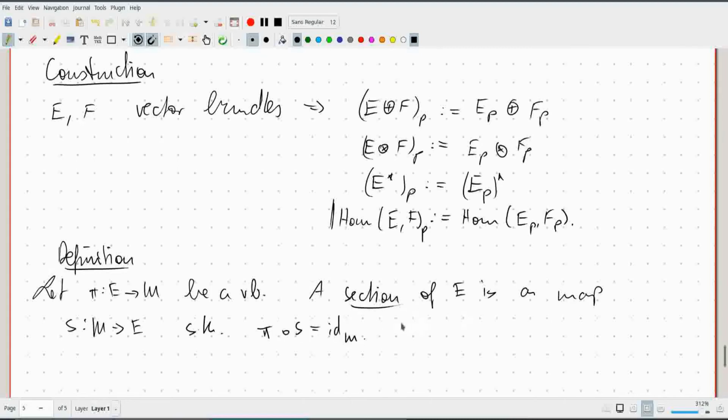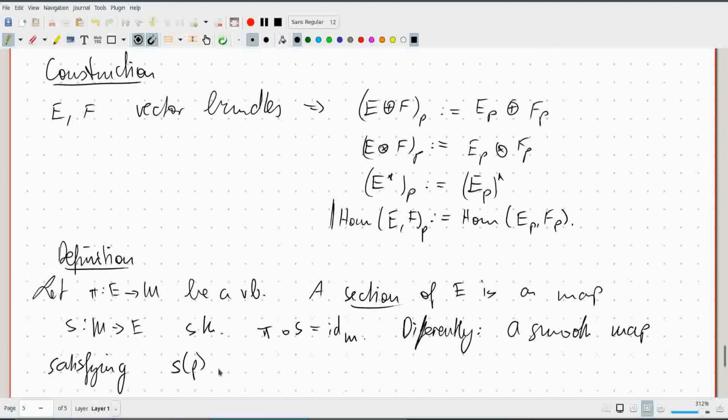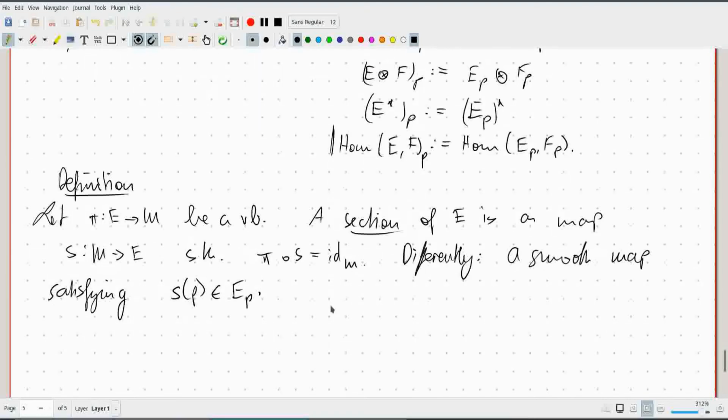Put differently, it is a smooth map satisfying that for every point p, s of p is an element of the fiber over p. And I guess that's a lemma.